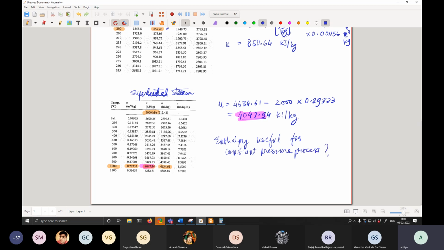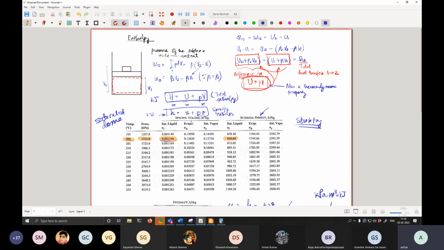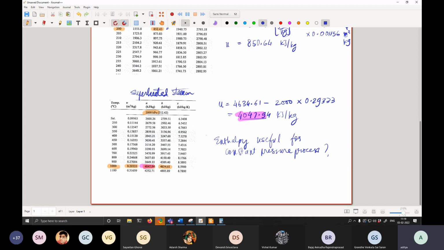And the answer is no. Because once we have defined it as a property, once we've defined it as a state, as something which can help us identify a state point, we can use enthalpy in combination with anything. You can use enthalpy in combination with temperature, pressure, specific volume, entropy to obtain the state of a given point.